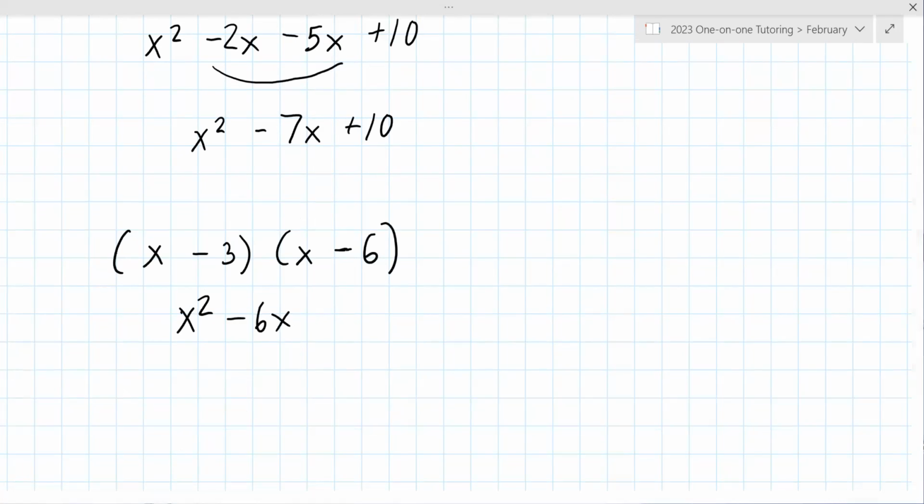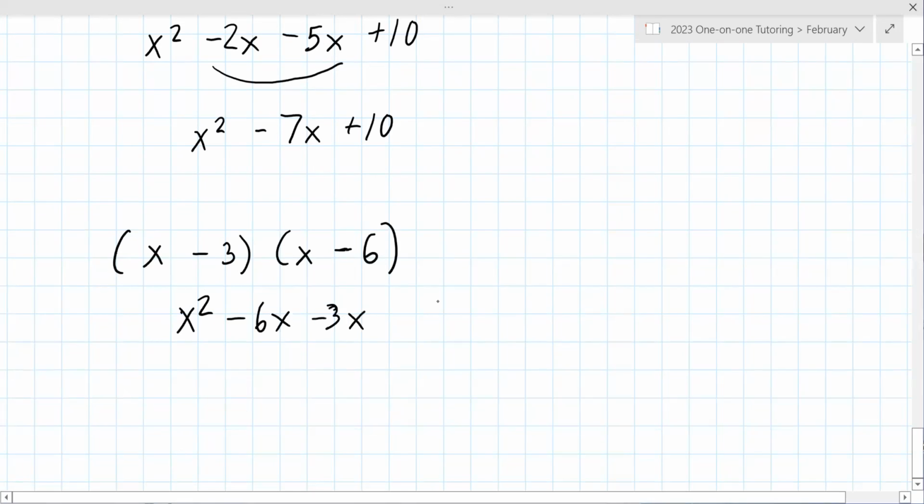And then negative 3x and 12. Try again on the last one. Oh, no, wait, that's not a 4. No, wait. Minus 3 times minus 6. 18. Yes, positive 18.